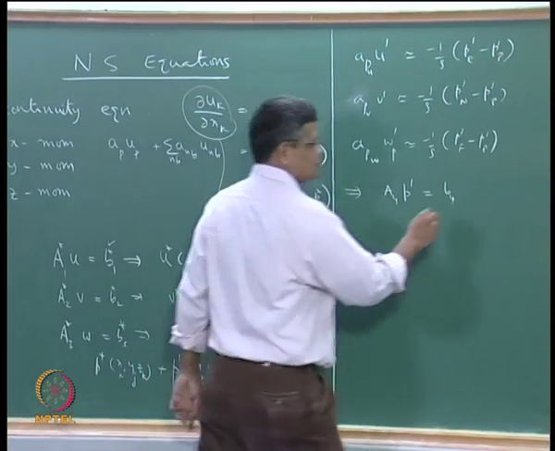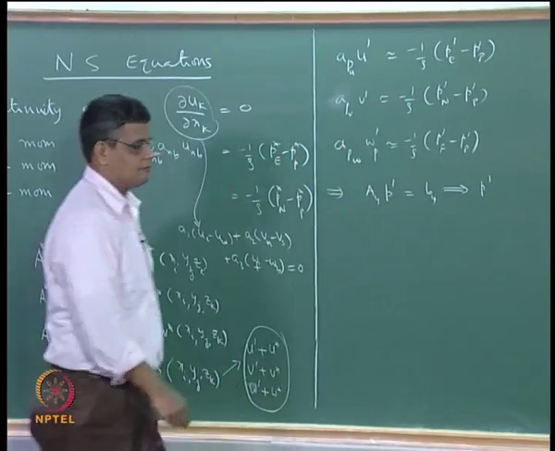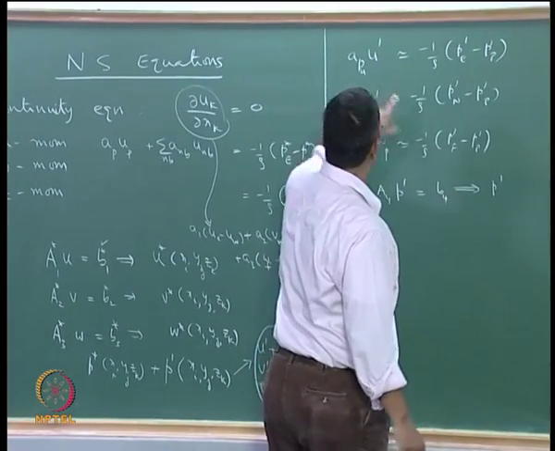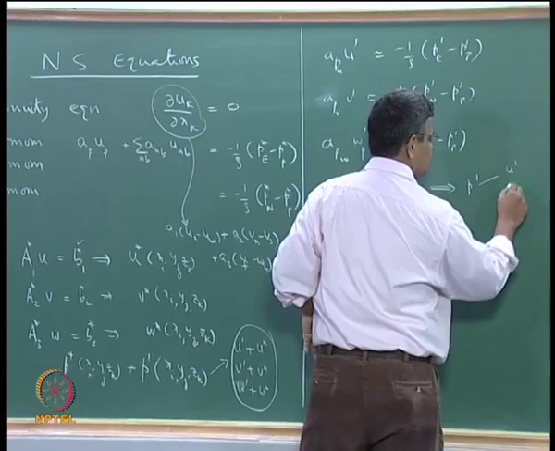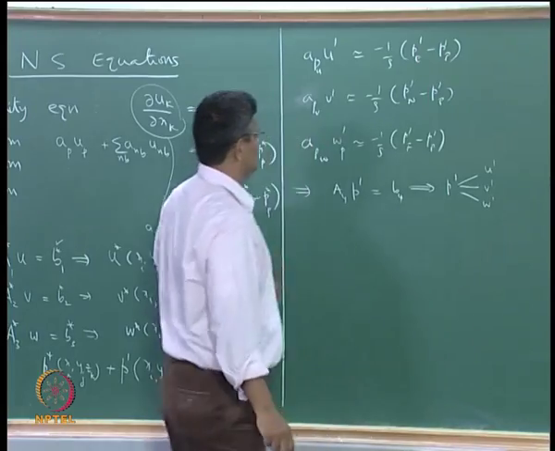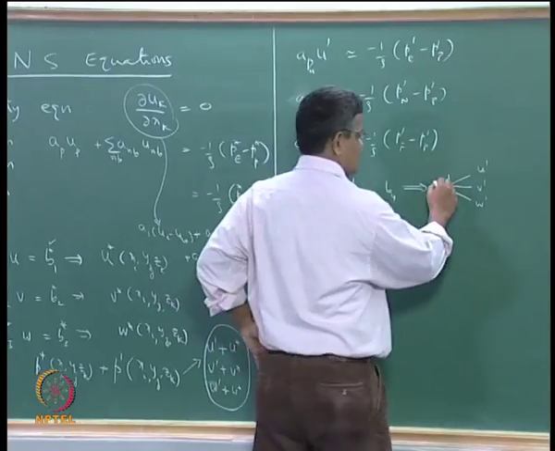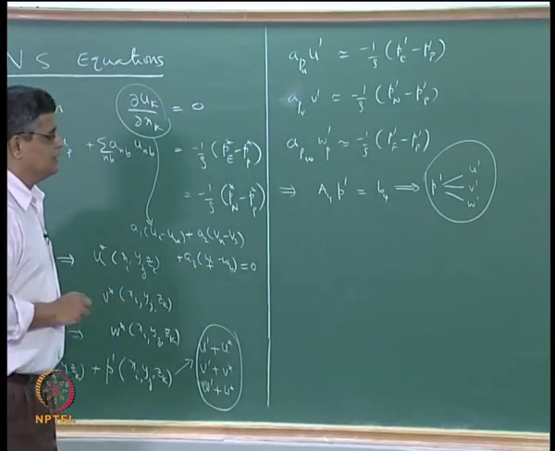So we can solve this for P prime, and once we get P prime here, then from these approximate relations we evaluate u prime, v prime, and w prime.